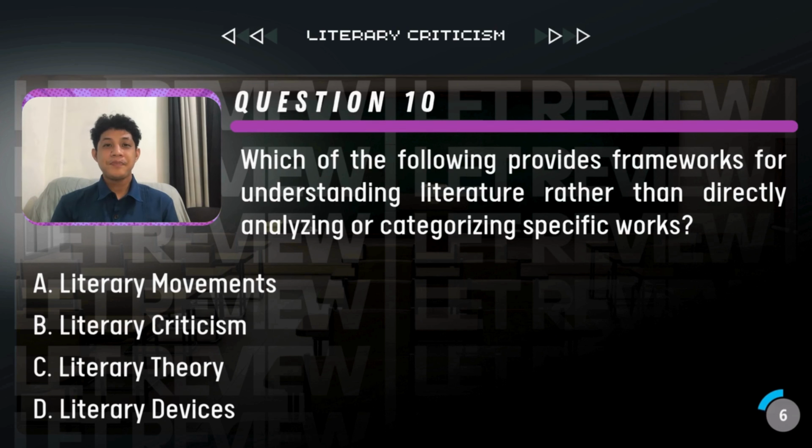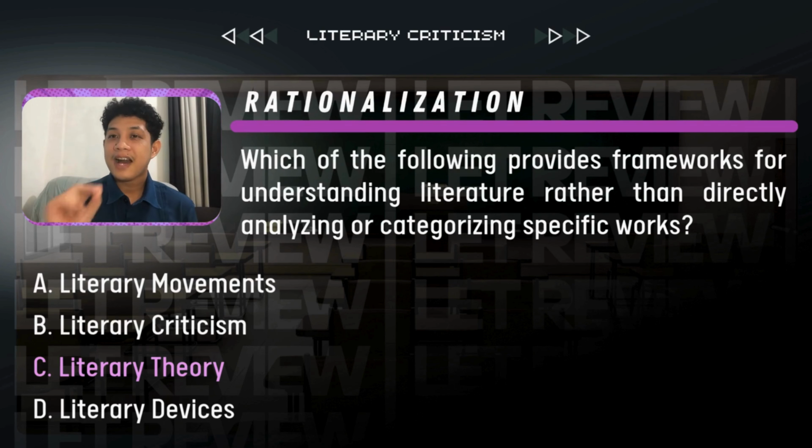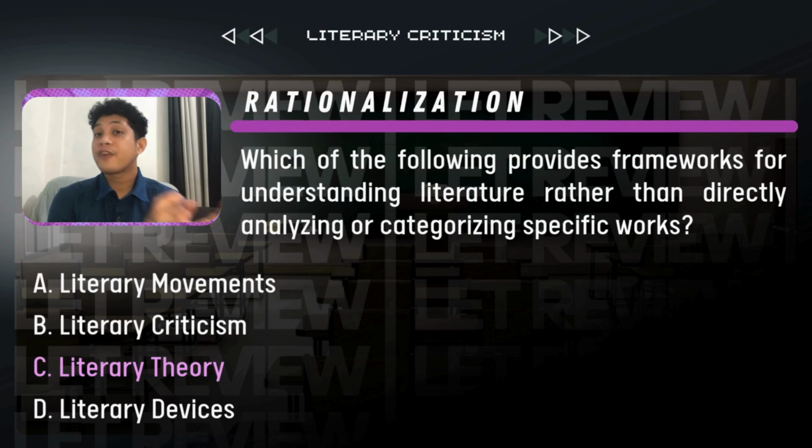Okay, time's up. The correct answer for this question is letter C, literary theory. And why? Literary theory provides abstract conceptual tools for interpreting texts, or it is a framework. For example, it includes Marxism, feminism, structuralism, postcolonialism, and more.